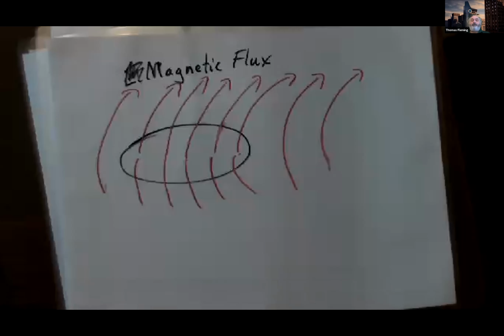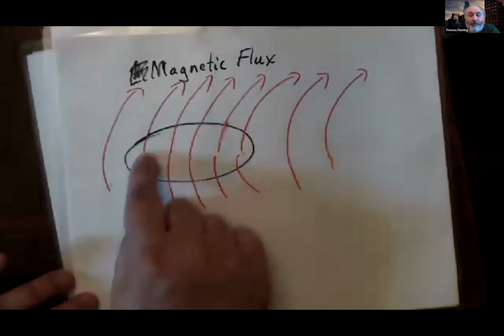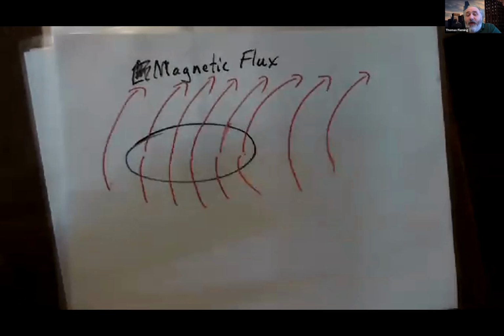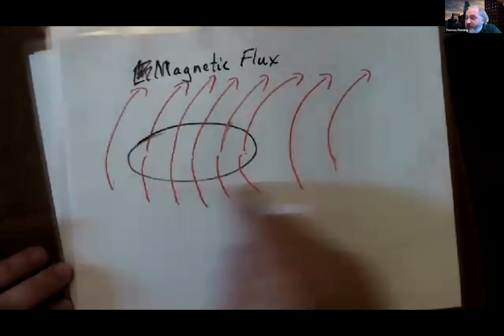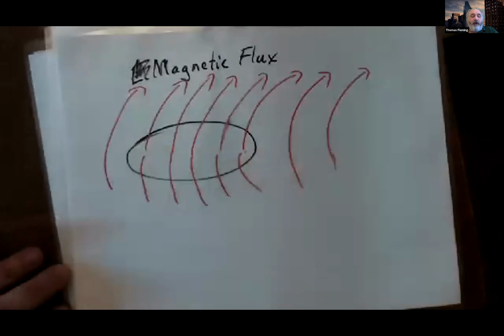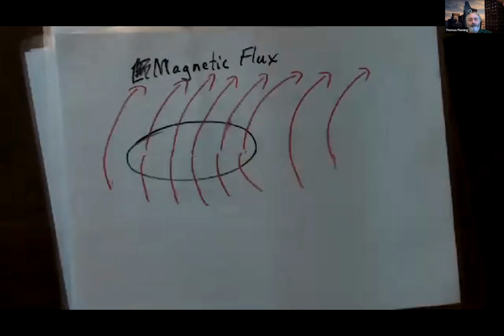Factor number one would just be the size of the region through which I'm calculating the flux. If I had drawn this circle bigger, I would have got more lines, right? If I'd drawn the circle out to here, it would have caught all these lines going through it.